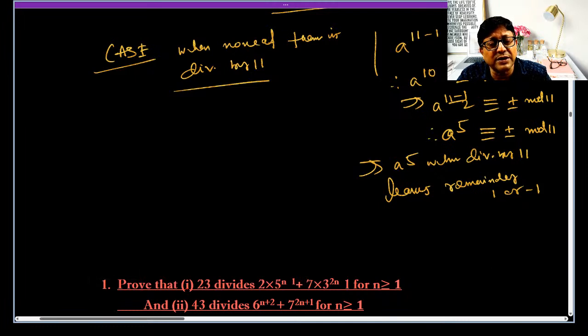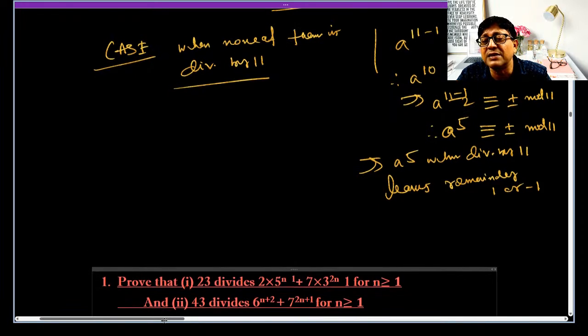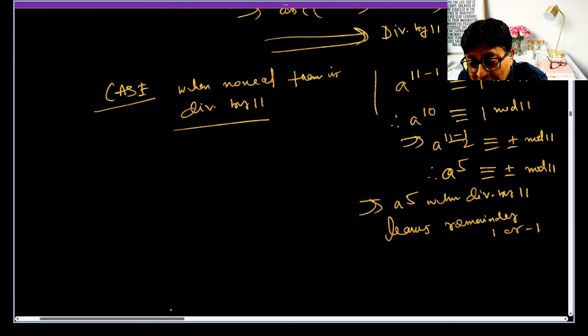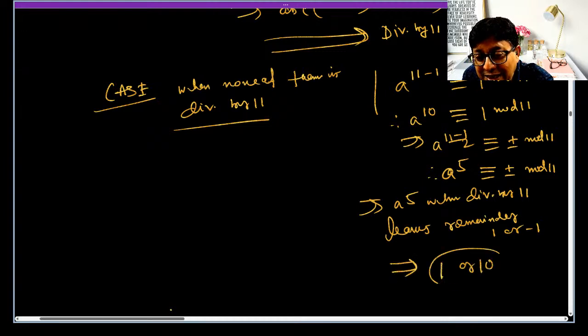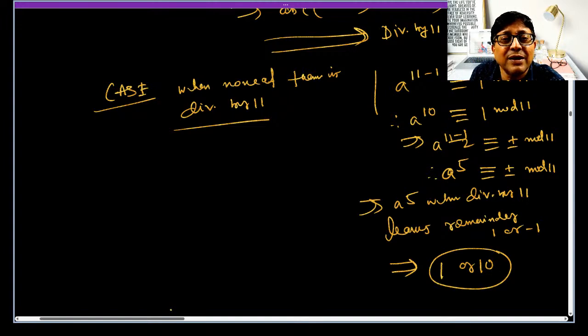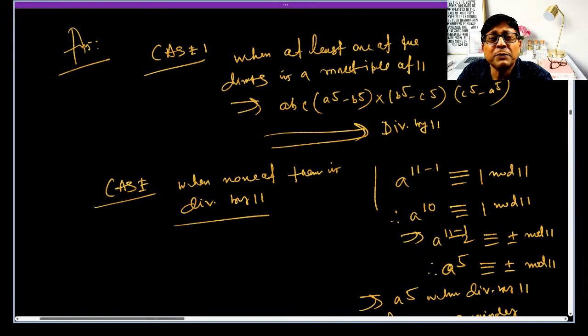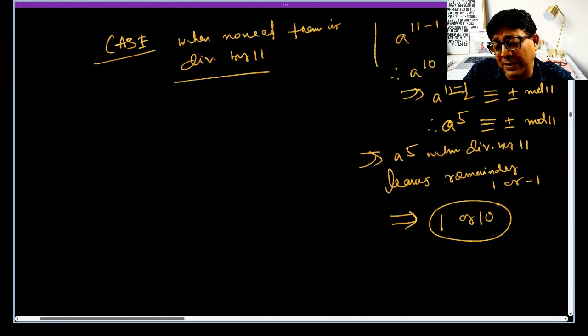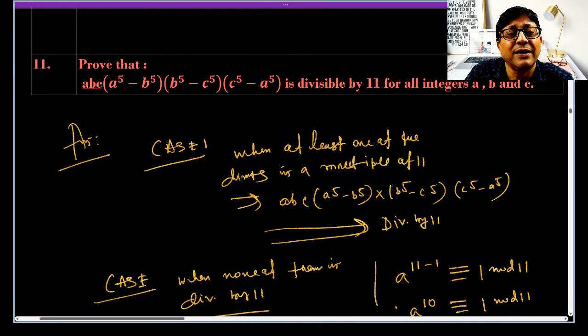We don't have the right to write this. So what will I do? We write 1 or 10. You can add 11 over there. So when the fifth power of a number is divided by 11, it will leave remainder 1 or 10.